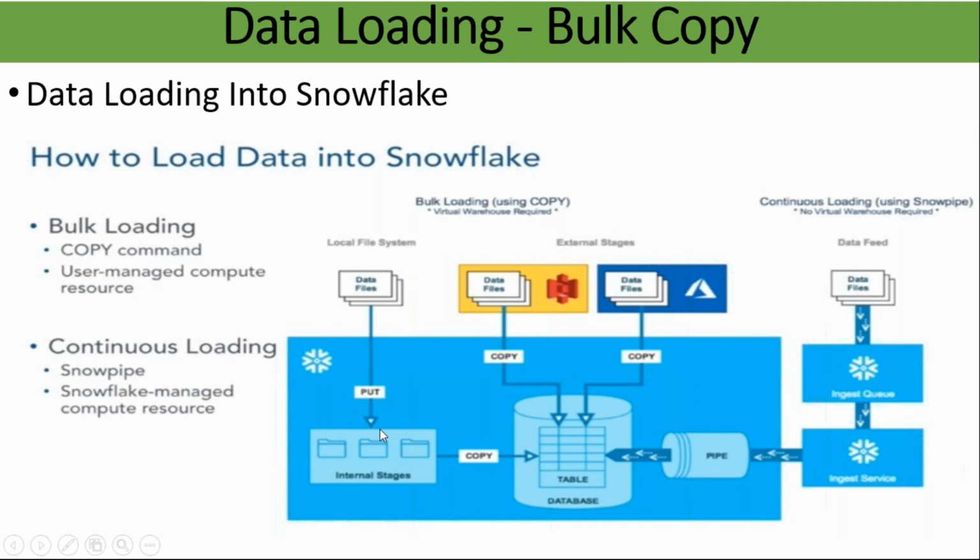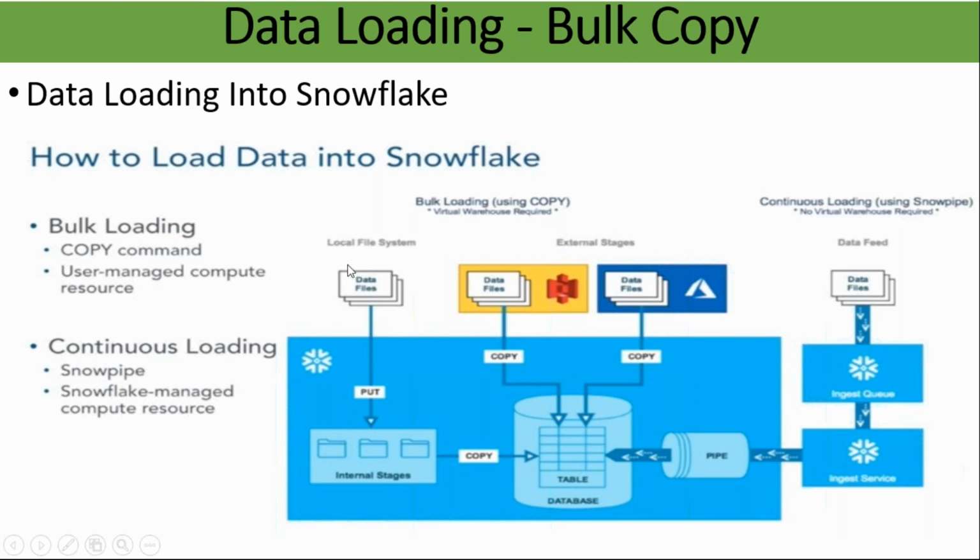Now, what is this stage? This is a temporary memory location, a temporary location where we maintain our data. See, if you order something on Amazon, what will happen? Consider this is the source, this is the destination, the destination is the customer, and this is a vendor.